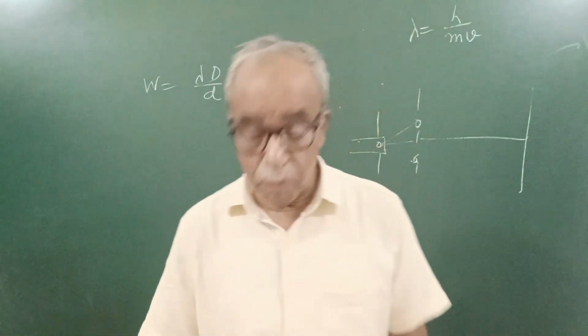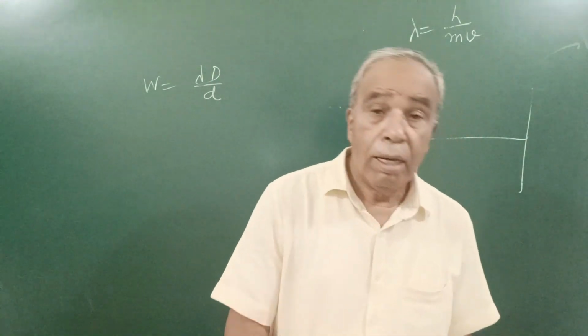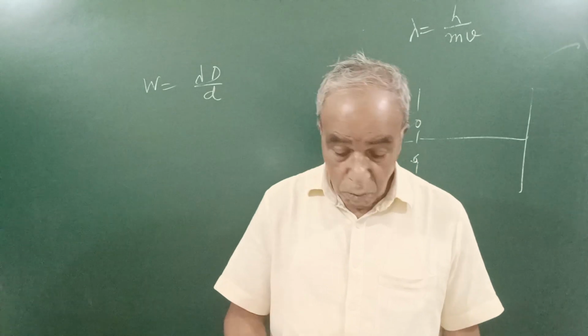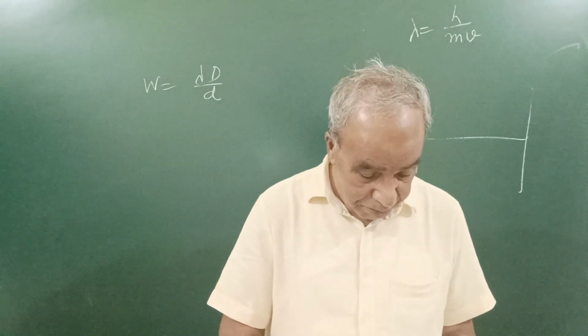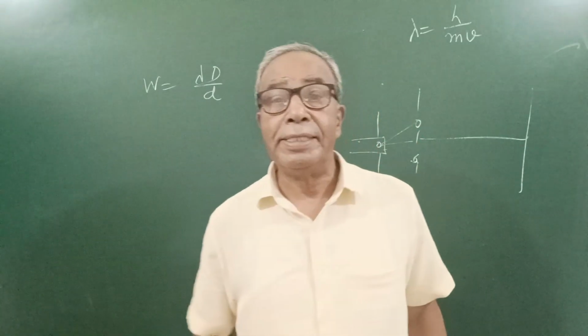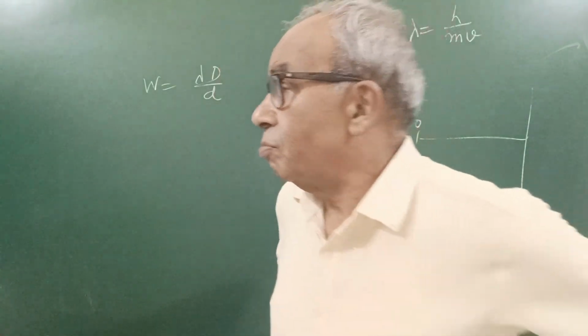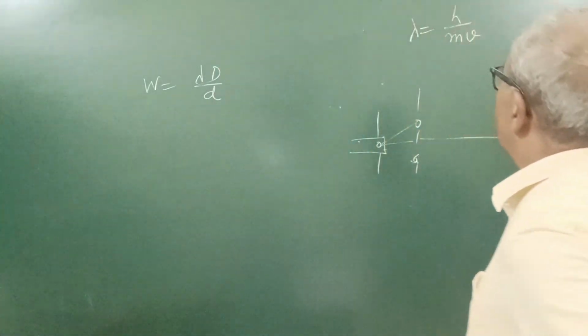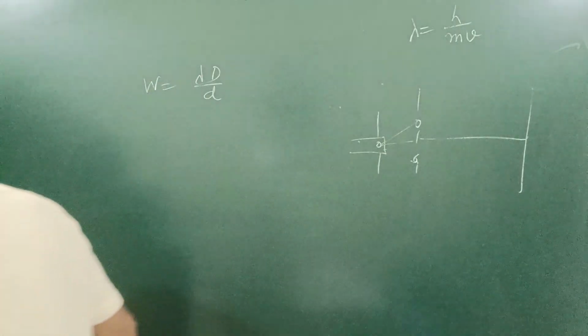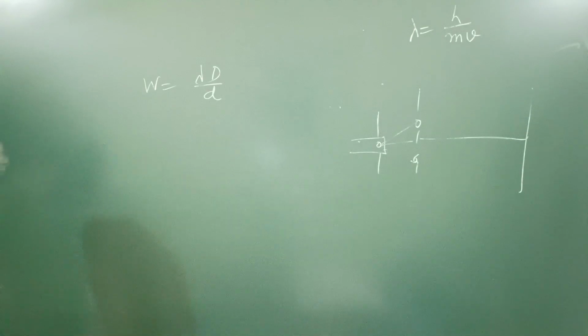Please listen to me carefully. The wavelength nature of a moving particle was told by de Broglie. And de Broglie wavelength is called matter wave. Electrons have wave character, a moving electron, a moving particle.